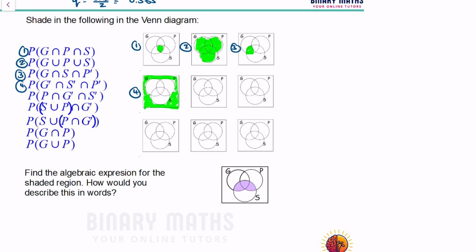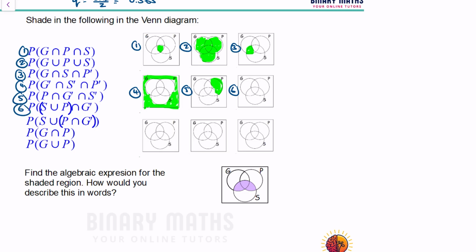Okay, next one. 5. P intersect not G intersect not S. So if you think about it, P is here. Everything that's not G and not S is just that part. So I just need to highlight this part.